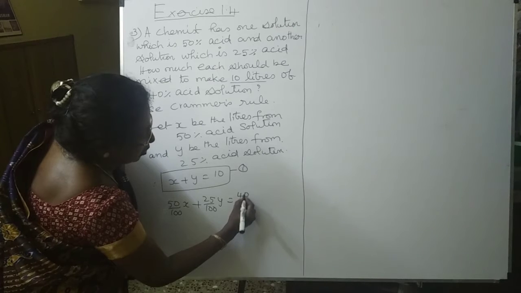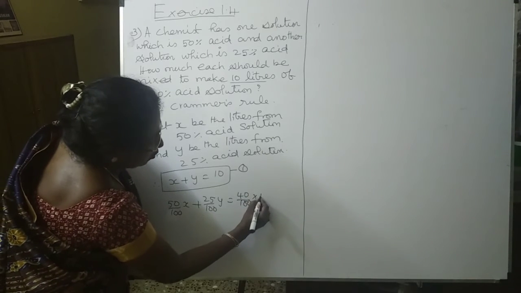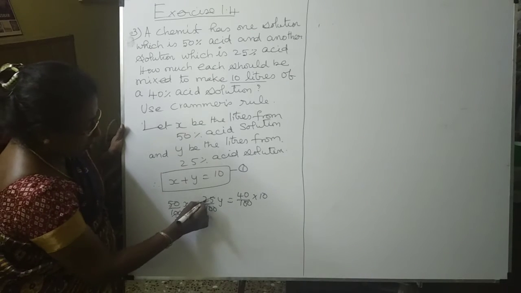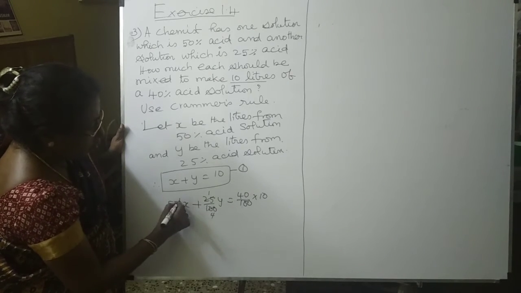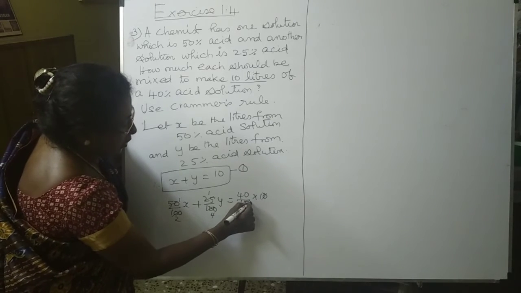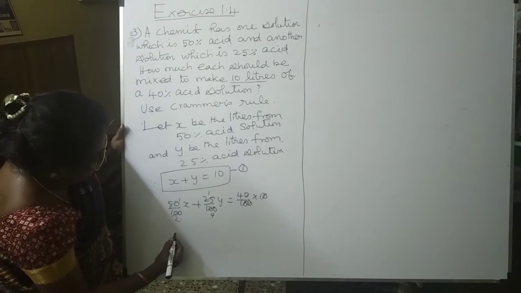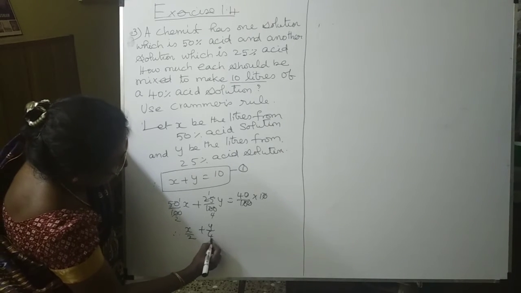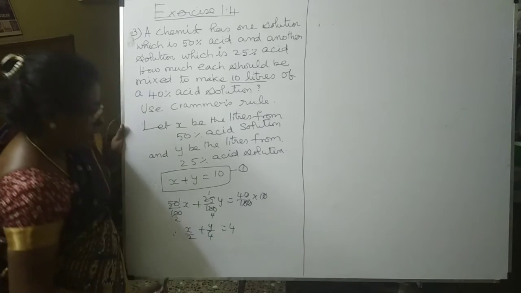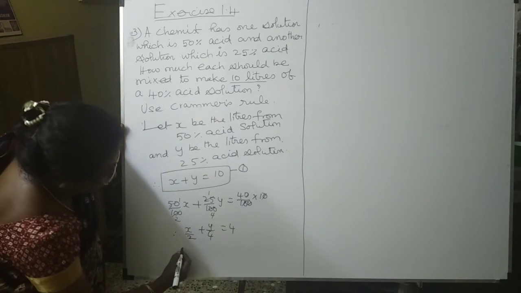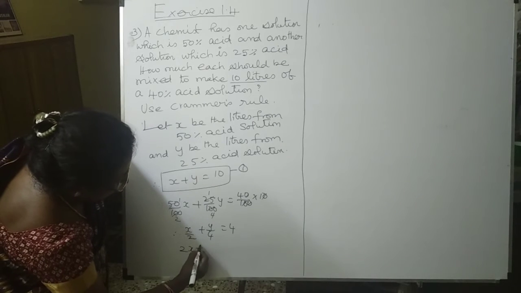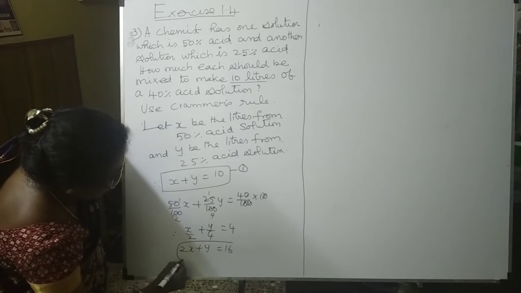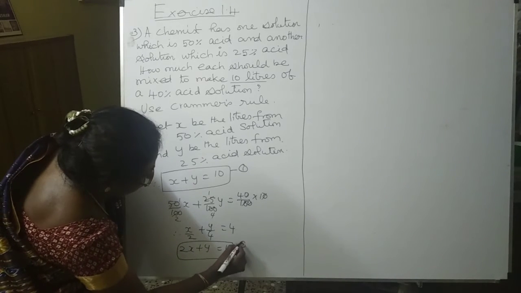So 40% is 40 by 100 into 10. So now when we simplify, this is going to be 1 by 2, this is going to be 1 by 4, this is going to be 4. Therefore, X by 2 plus Y by 4 is equal to 4. Now taking LCM as 4, you are going to get 2X plus Y is equal to 16. Now this is our second equation.